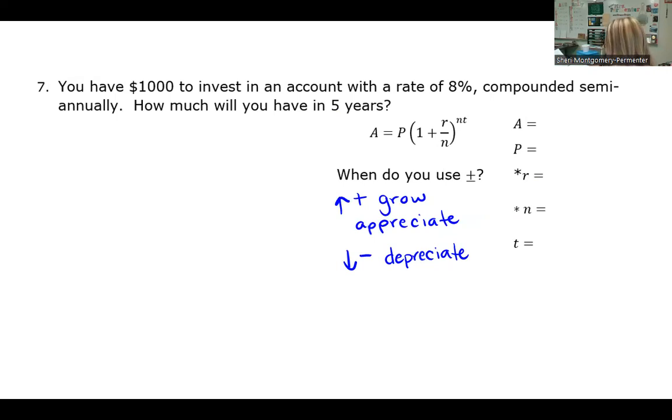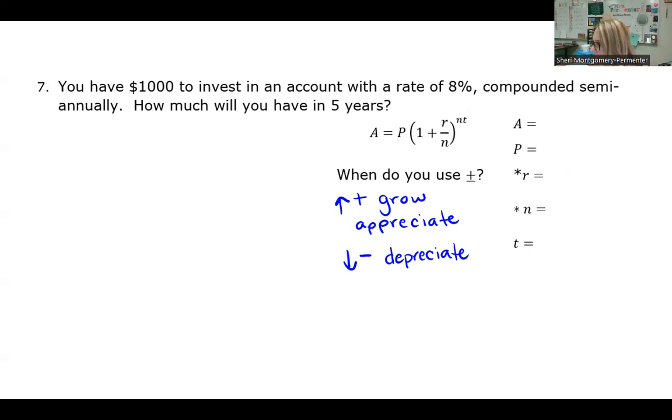So when you use that formula, you need to use minus because you're depreciating. On your homework, underline that word, depreciate. Depreciate means the opposite of appreciate. It's not a positive thing, it's a negative thing. So on question 20, if you underline the word depreciate, it just means use a negative.